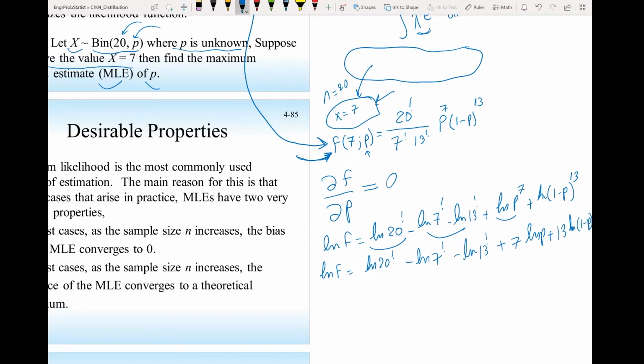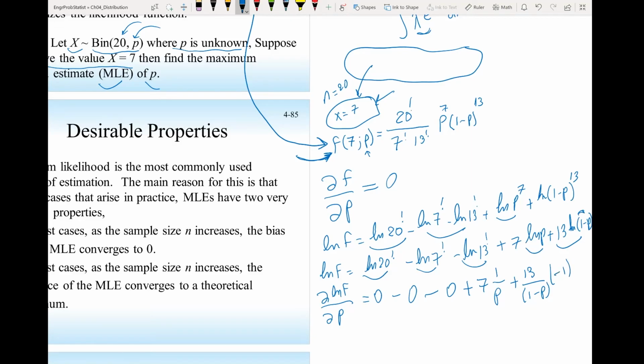And now let's take the partial derivative with respect to p. So this is a constant, the derivative is 0, minus a constant, derivative 0, minus a constant, derivative 0, plus 7 times the derivative of the log with respect to p, that will be 1 over p. The derivative of this one will be 13 over 1 minus p times the derivative inside the parentheses, so that's minus 1.